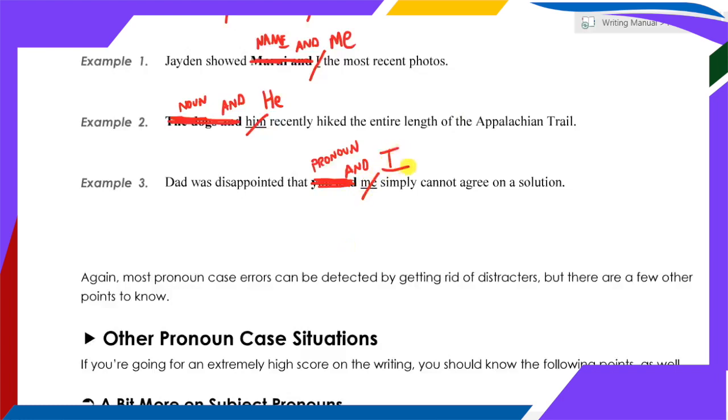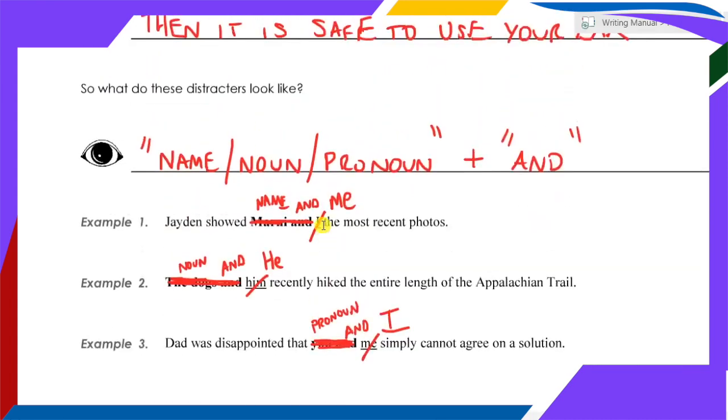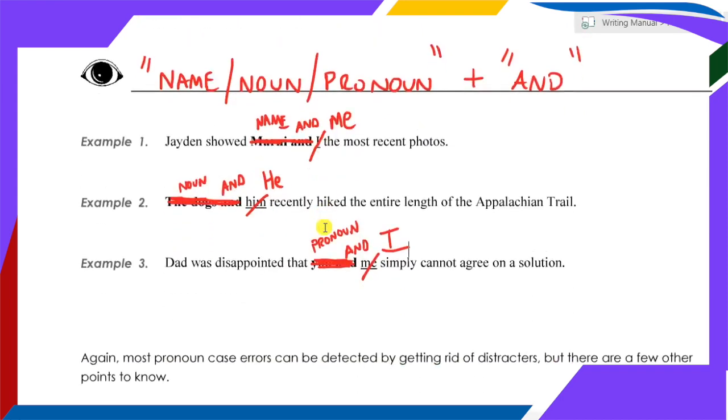We need the I here, not the me. Dad was disappointed that I simply cannot agree. So again, most pronoun case errors on the SAT can be handled in this way, by crossing off a distractor and then using your ear to lead you to the right case.